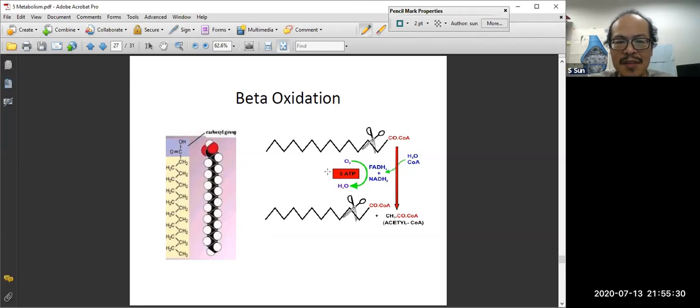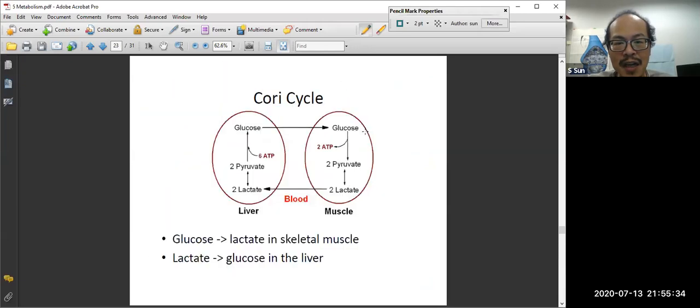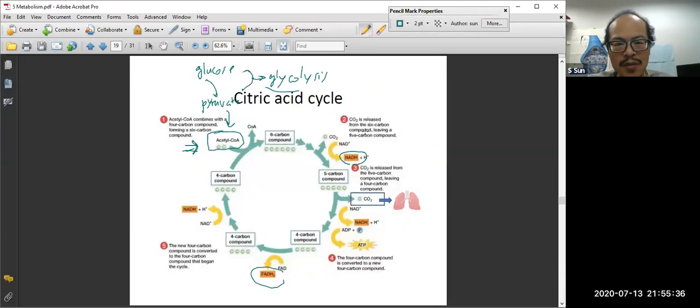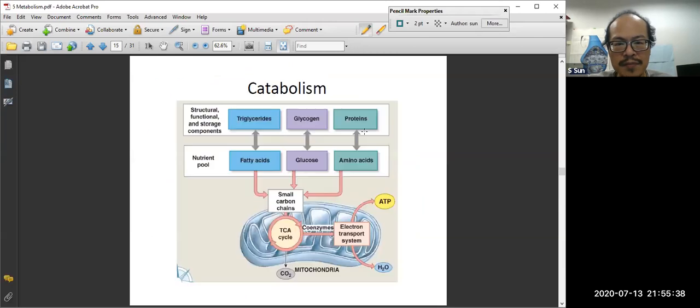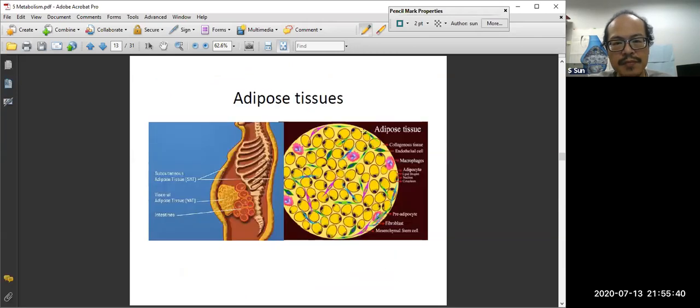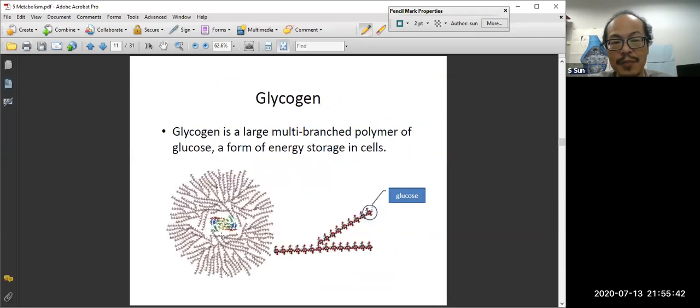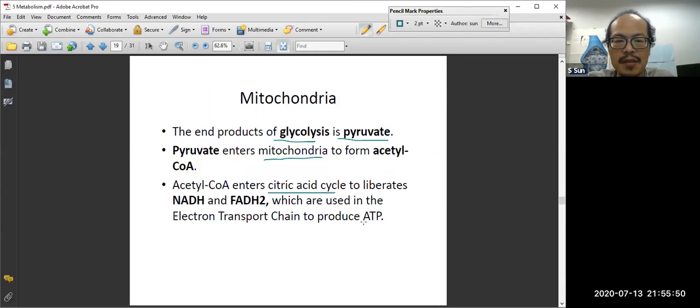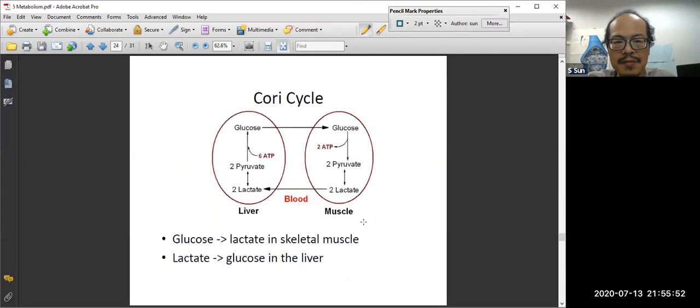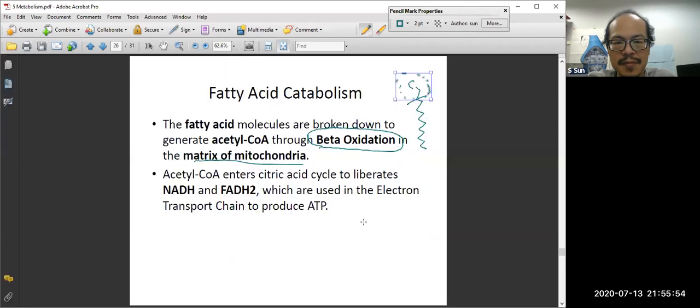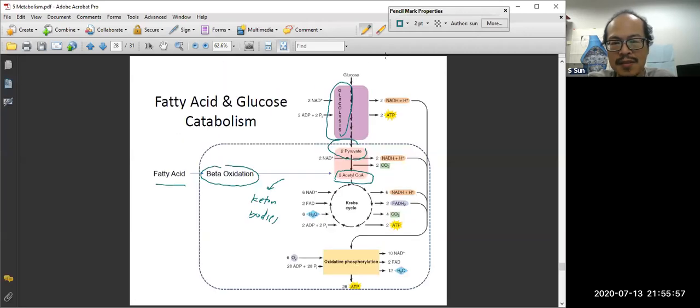Glucose, same thing. No matter how big your glycogen is, as we store it, we basically just cut one piece at a time, right? So in the end, it's only glucose.